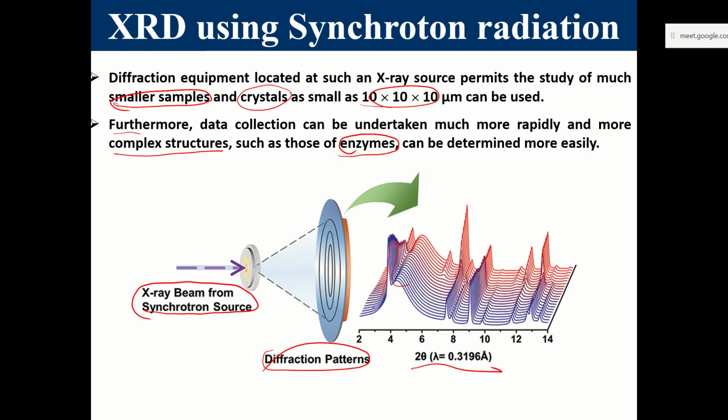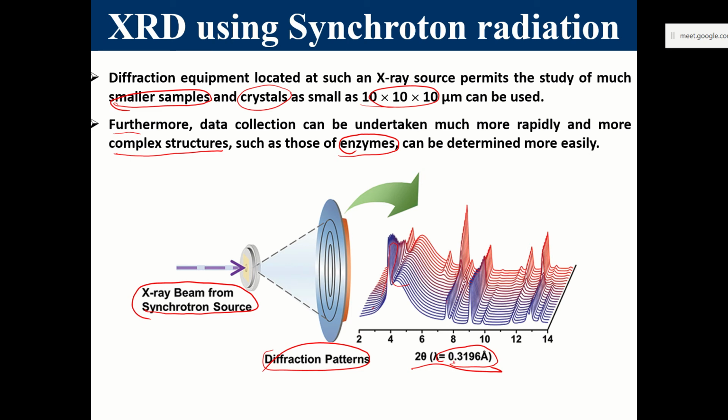Okay, so X-ray diffraction, with a wavelength of 0.3 angstrom used here. So you can get much shorter wavelengths. I told you that for copper K alpha, the wavelength is 1.5 angstrom.